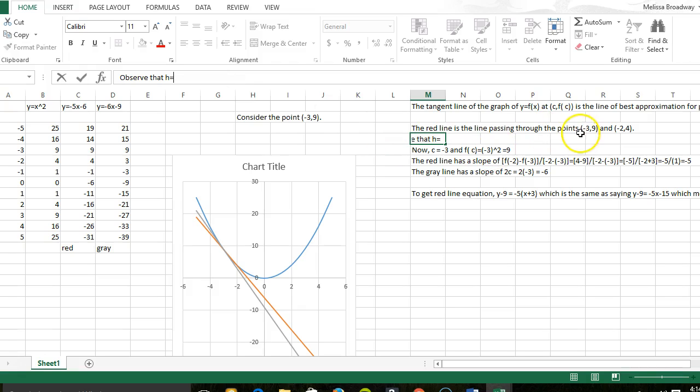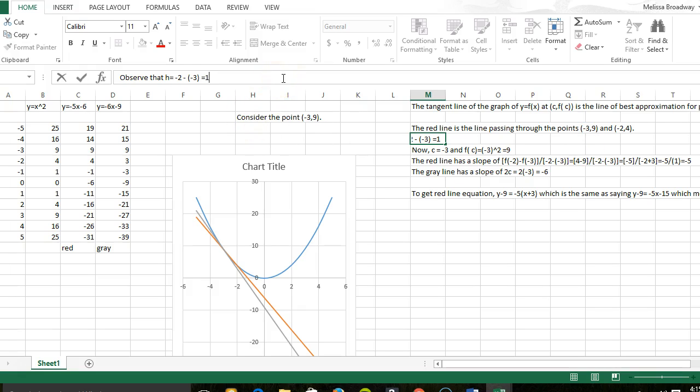It's the difference in my x coordinates. Since negative 3, 9 is the point I want to focus on, I want it to be on the butt end of my minus sign. It's negative 2 minus negative 3, which is equal to positive 1, because that's negative 2 plus 3, which equals 1.